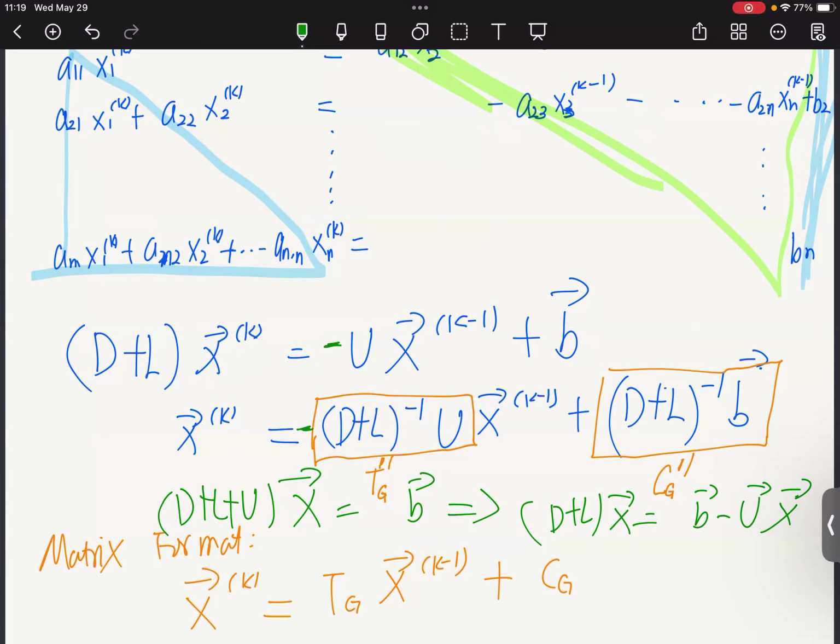So this one is the correct version. We switch the A matrix into D plus L plus U, and then we move the U to the right-hand side.